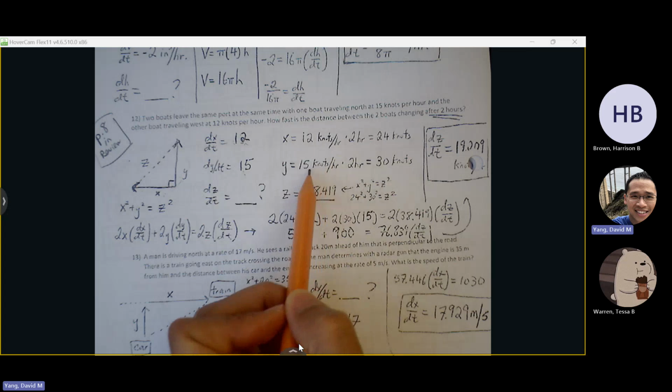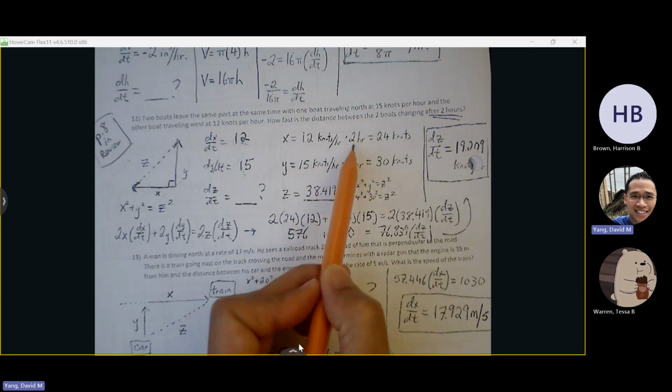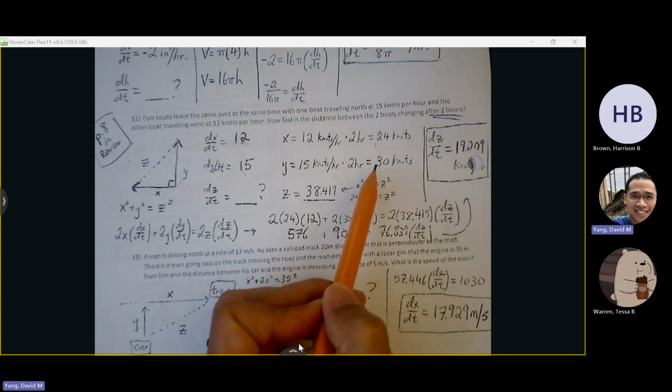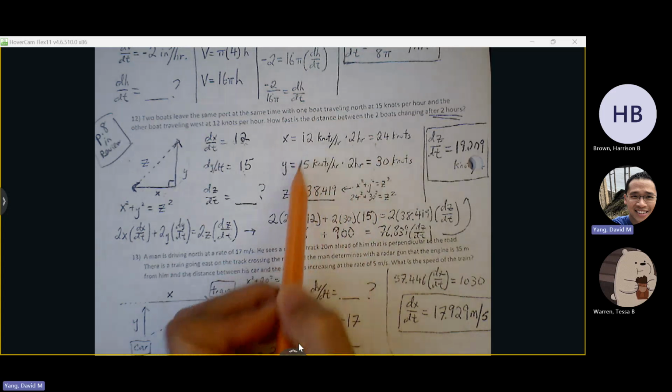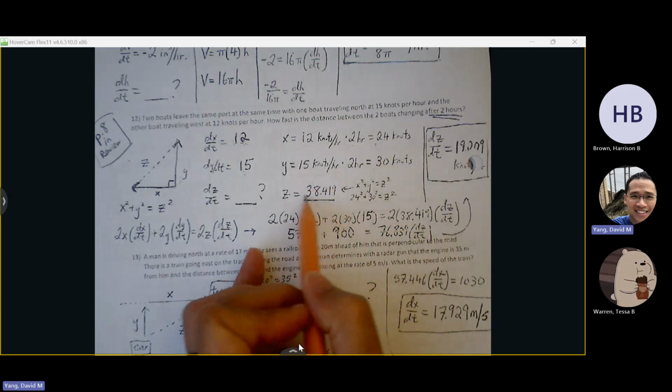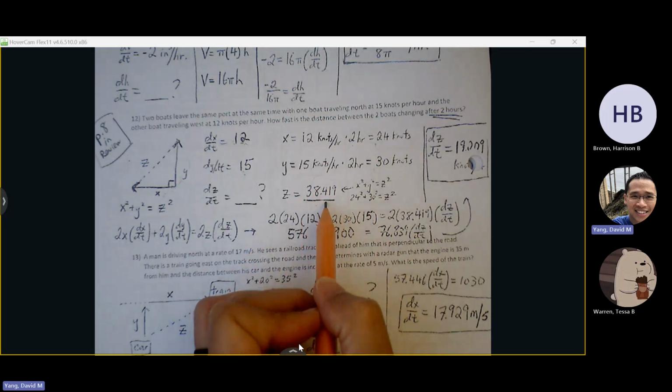So 12 knots per hour versus 15 knots per hour over a 2-hour period, it's going to be 24 knots and 30 knots. So that's going to be my x and y. And then the Pythagorean theorem is based off of the 24 and 30, which is a squared plus b squared equals c squared. I get 38.419. Is that what you got?